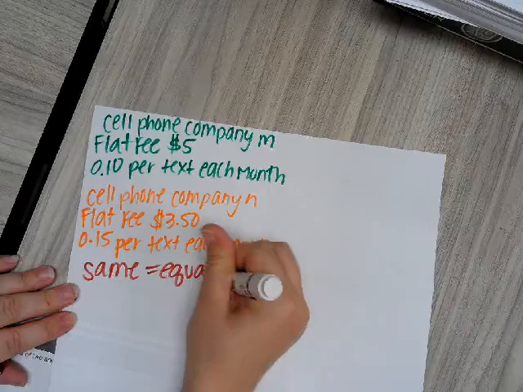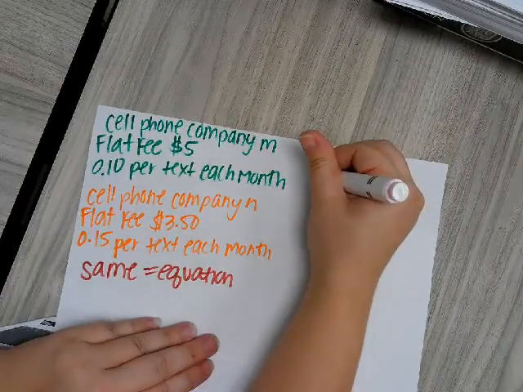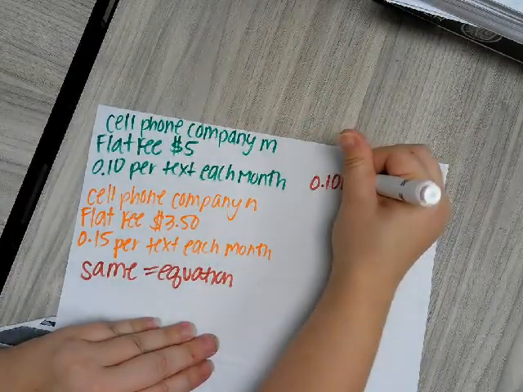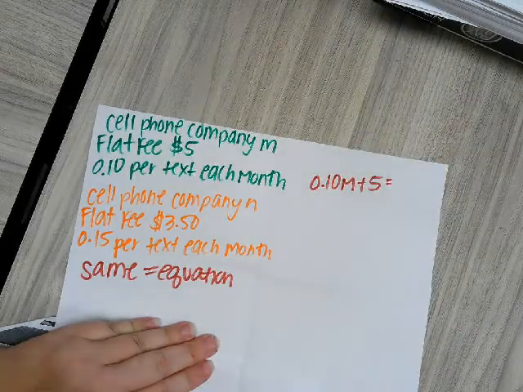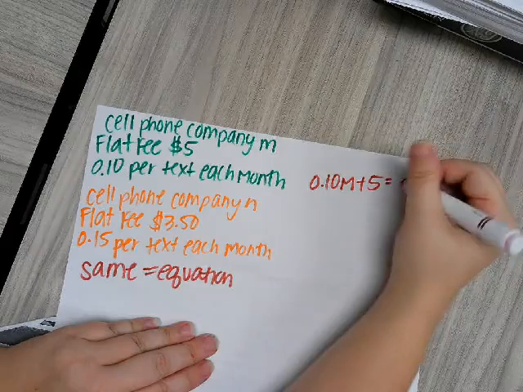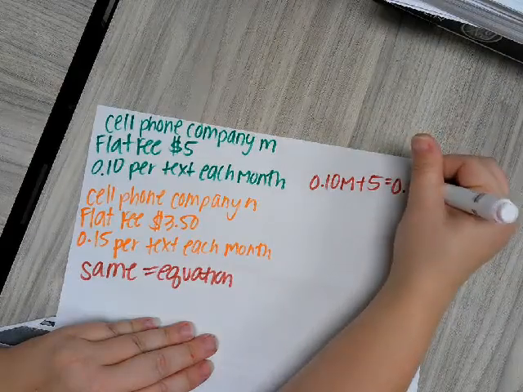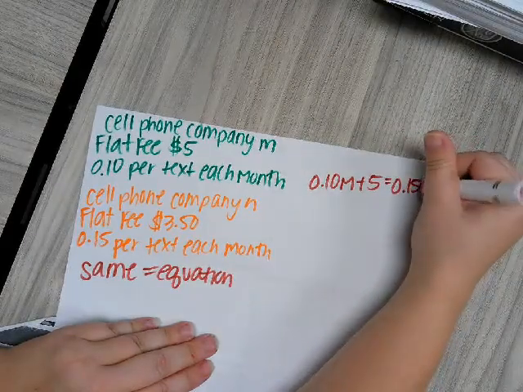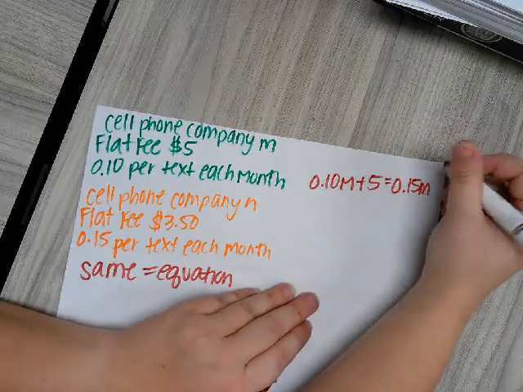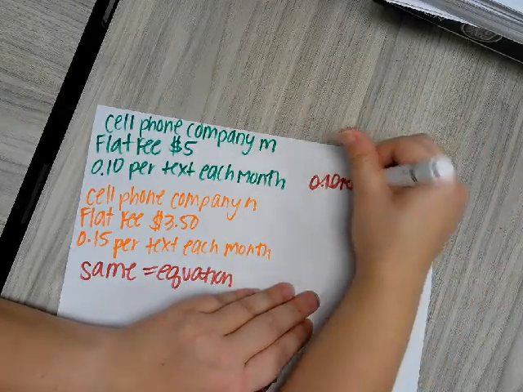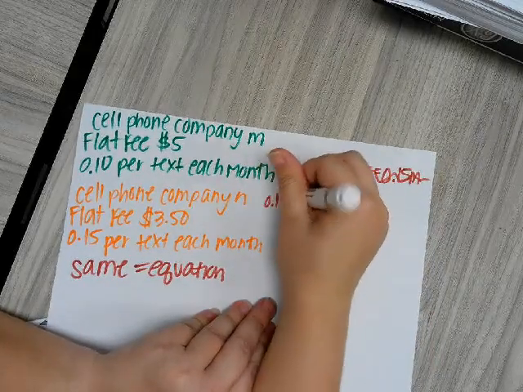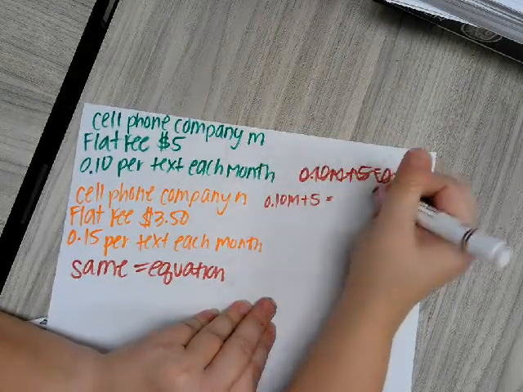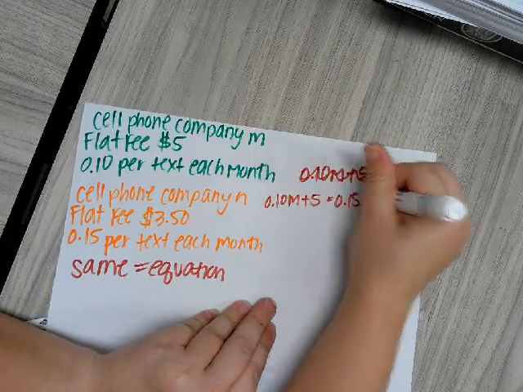So 10 cents per text plus a $5 fee, that's for company M. And then we had 15 cents per text. Oh, let me write that again. 0.10m plus 5 equals 0.15m plus 3.50. There we go.